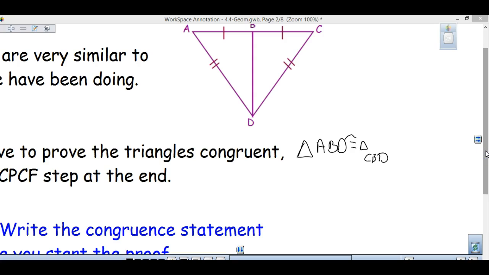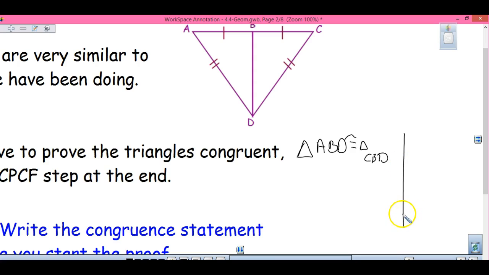So this would be like our second to last statement of our proof. Okay, by what? How are they congruent?